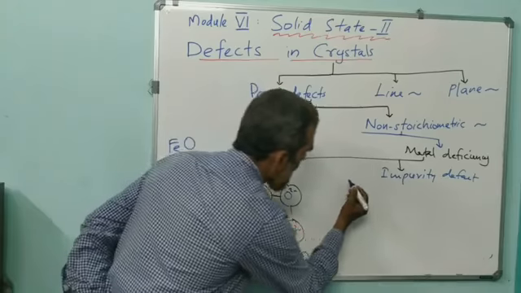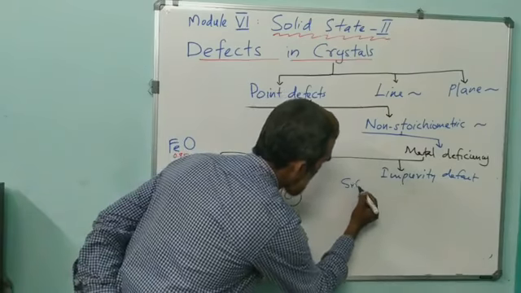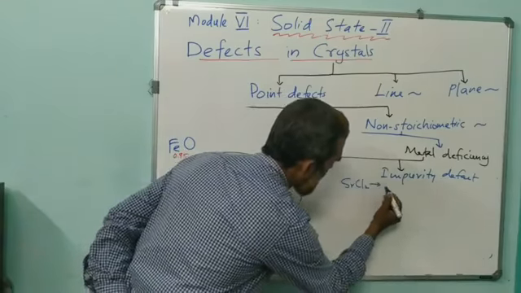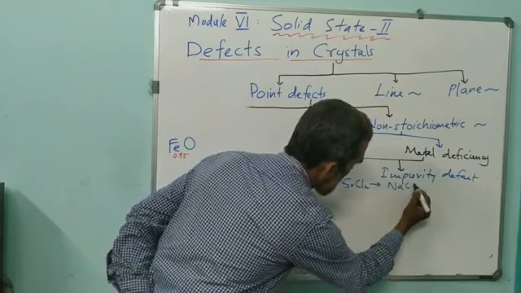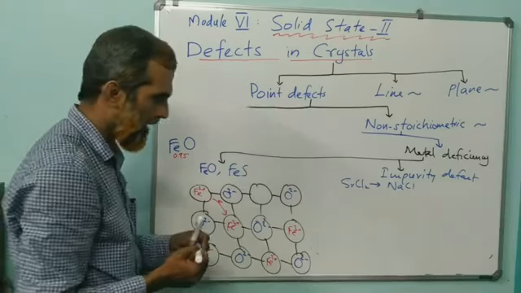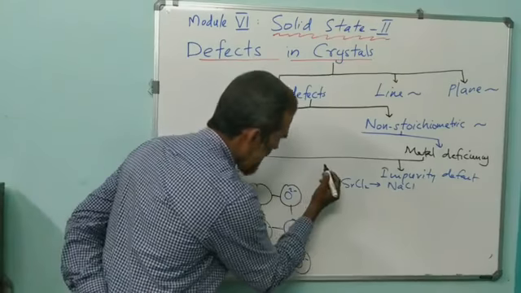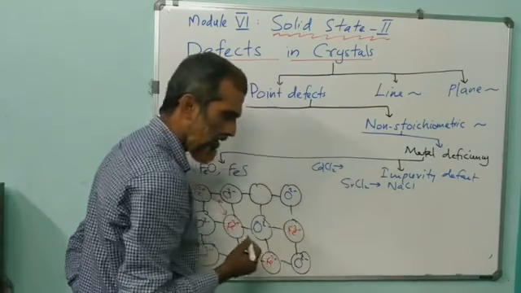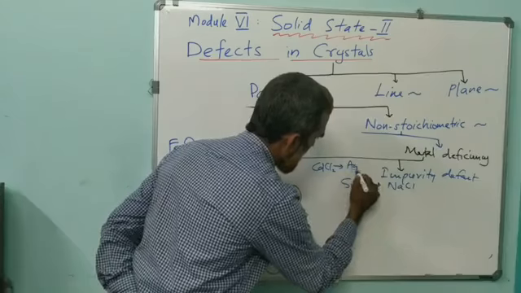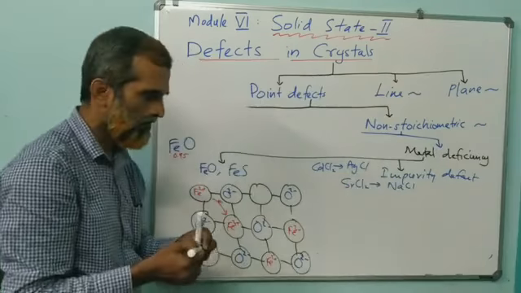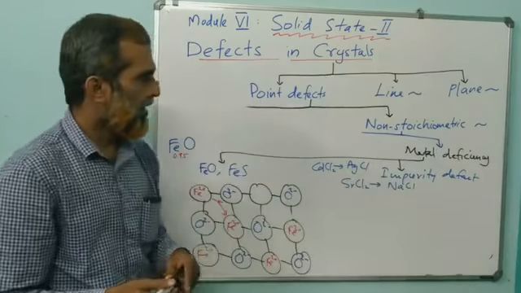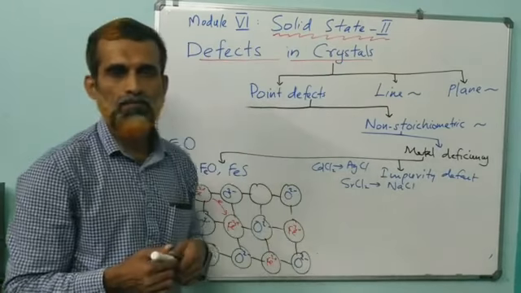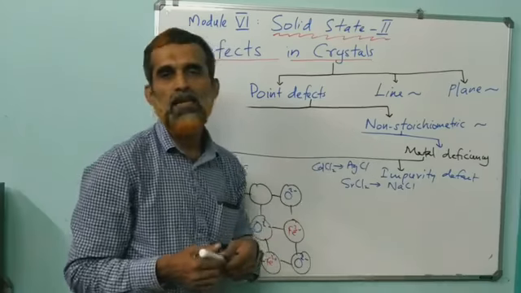An example is strontium chloride added to the crystal lattice of sodium chloride. Another is cadmium chloride added to silver chloride crystal. In these cases, impurities enter the lattice and that results in cation vacancy.